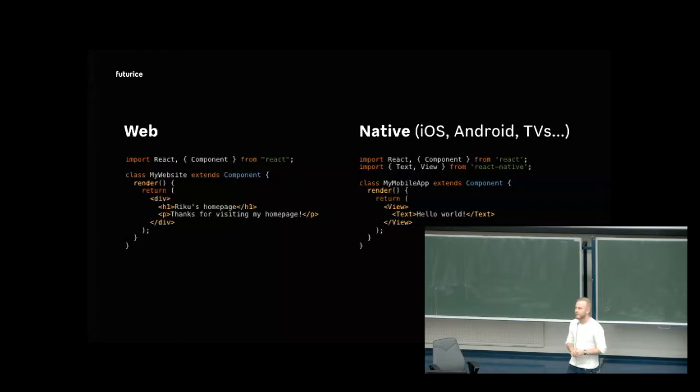It started as a web library, but then people came up with React Native, and with React Native you can use the same paradigm of writing JavaScript for native platforms, such as iOS, Android, televisions these days, like Android TV, Apple TV, Windows.